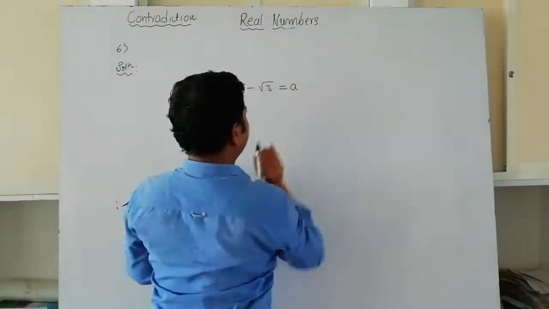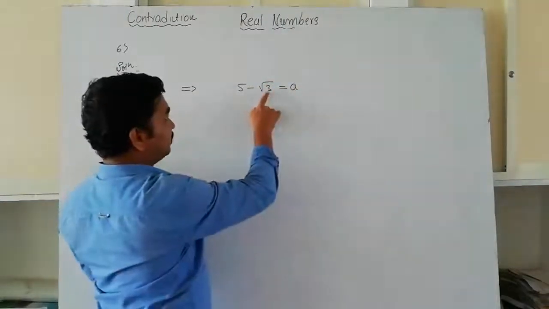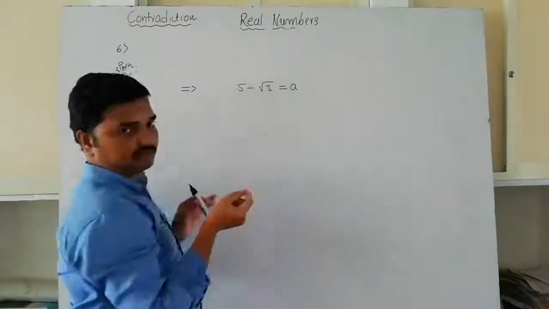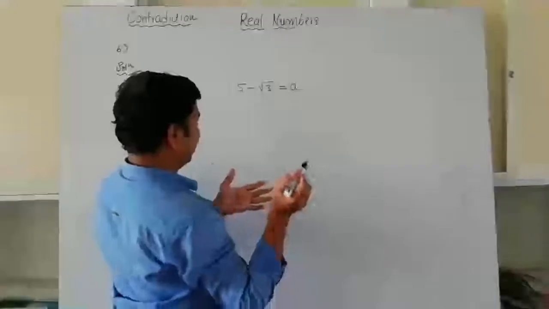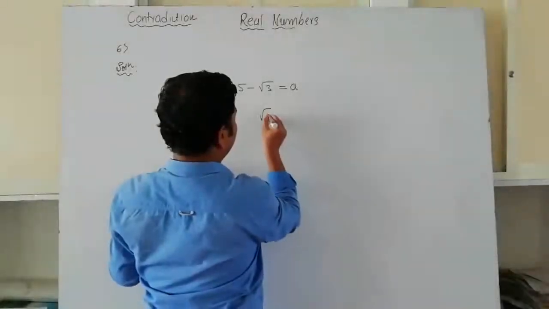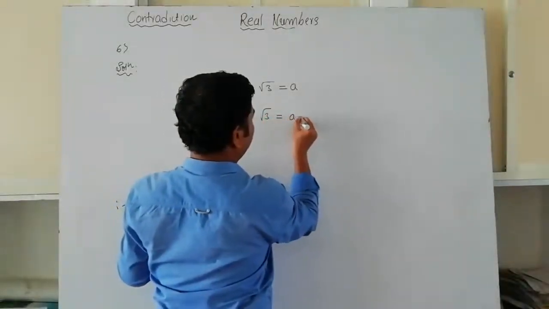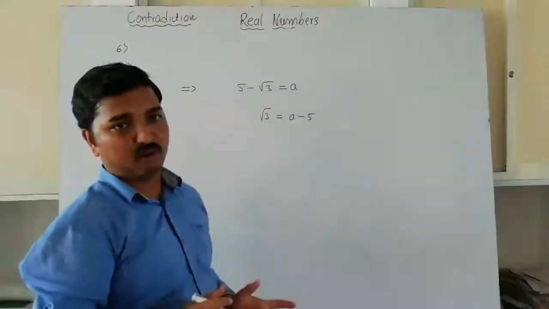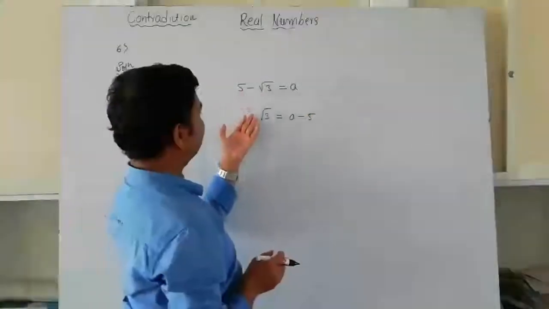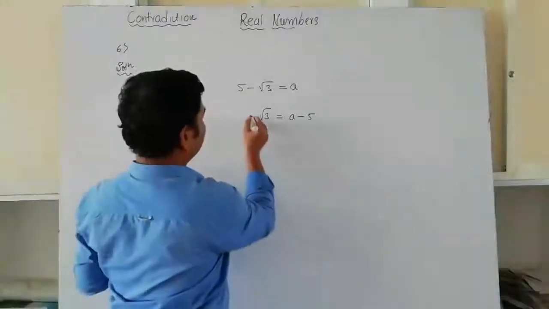Okay, so here the irrational number is associated with a negative sign. So many students will make mistakes like this. Many students write down root 3 is equal to a minus 5. It is actually wrong. This is because your minus sign is present. You need to write down that minus sign.